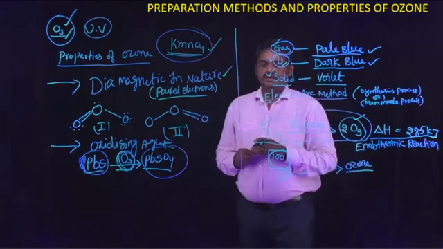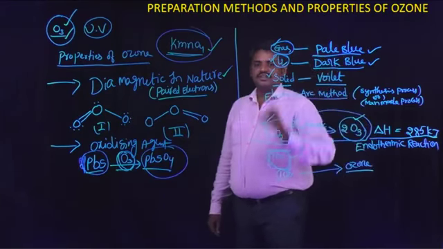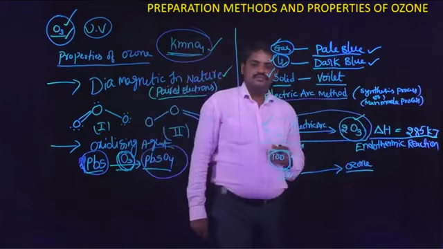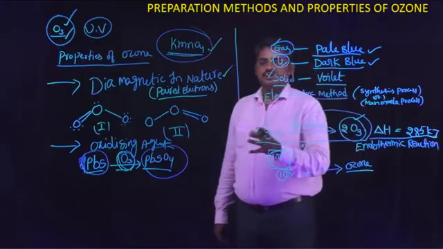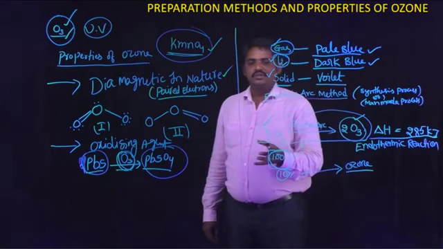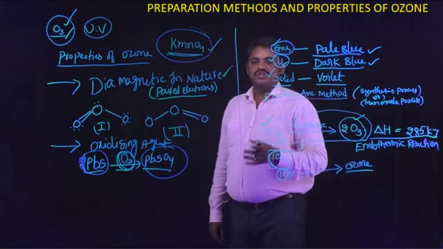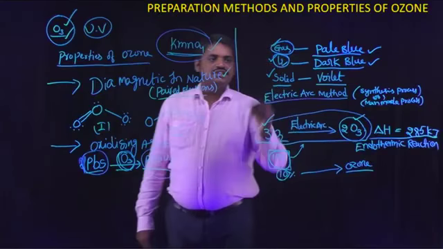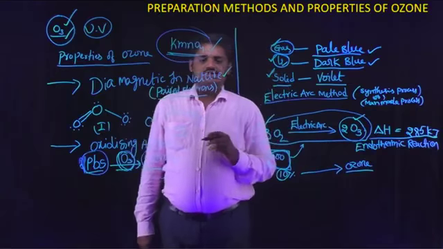Once again, repeating these points: introduction, preparation methods, and uses of ozone. First, ozone is one of the allotropes of oxygen. The ozone molecule is available in 3 states in nature: the first is the gaseous state, the second is the liquid state, and the third is the solid state.